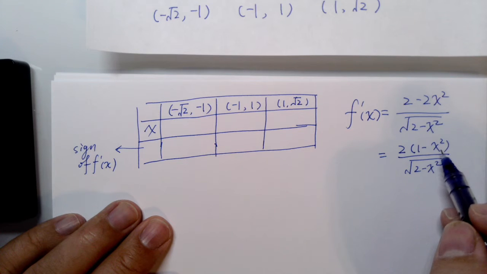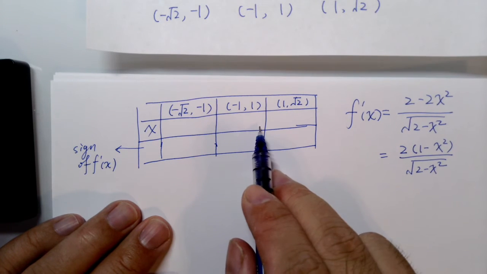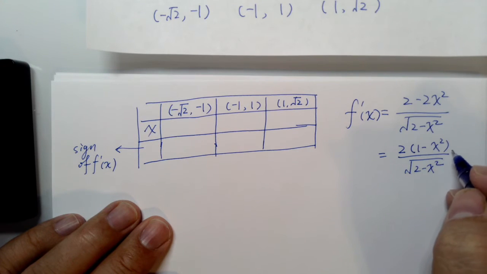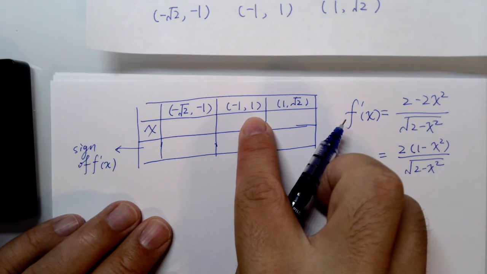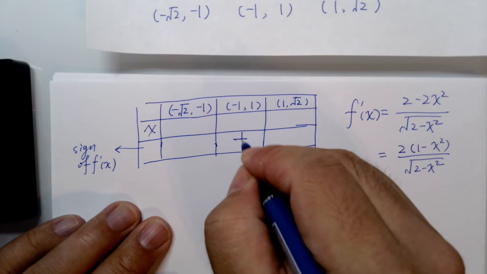So think about it this way. For any number between -1 and 1, when you plug in, 1 minus x squared is going to be greater than 0, right? Because it's between -1 and 1. So overall this sign is going to be positive.